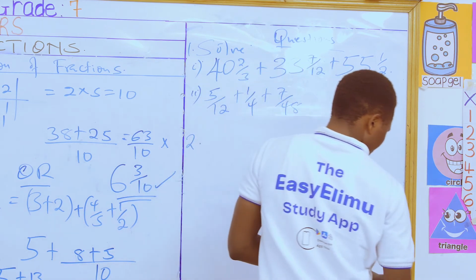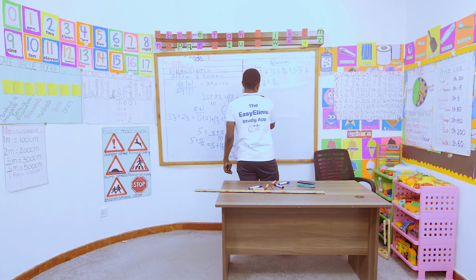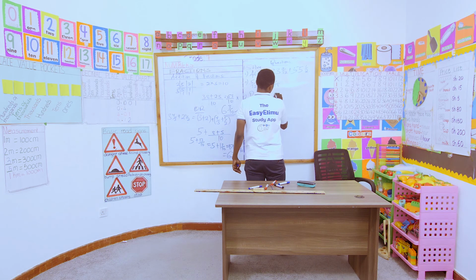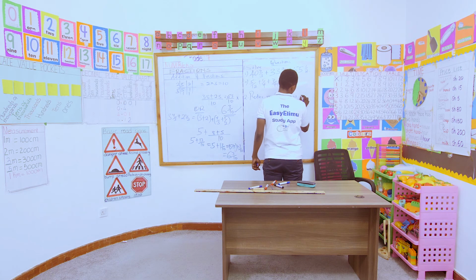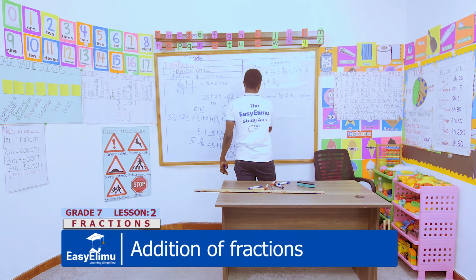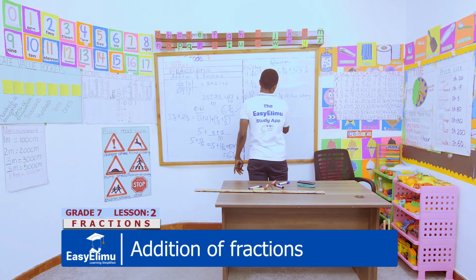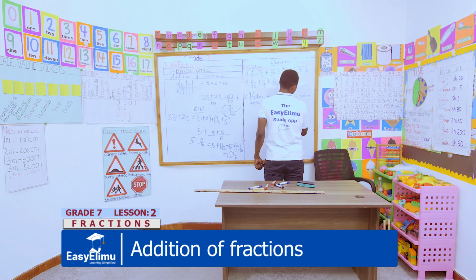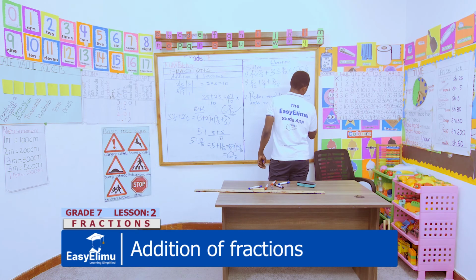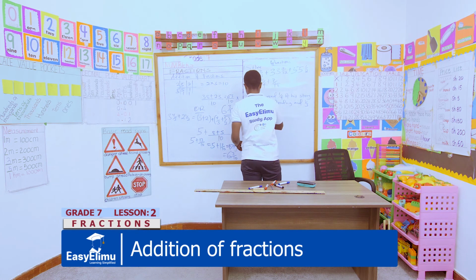Number 2, you can have a question like: Peter read a quarter of his storybook on Monday and a third on Tuesday.